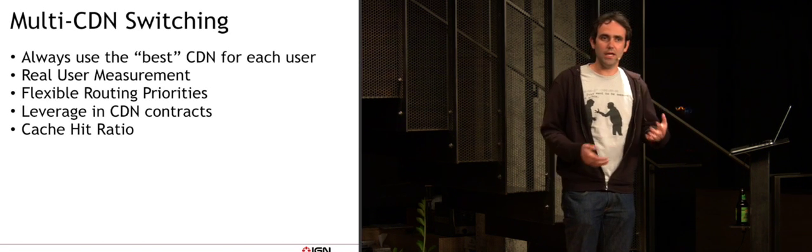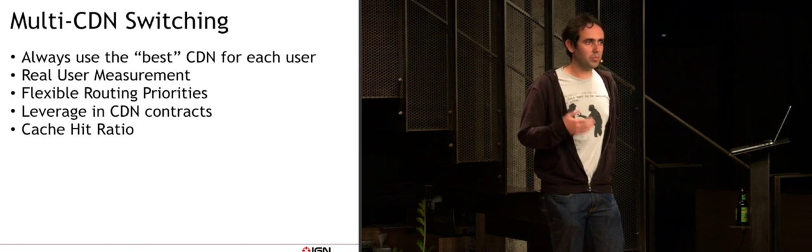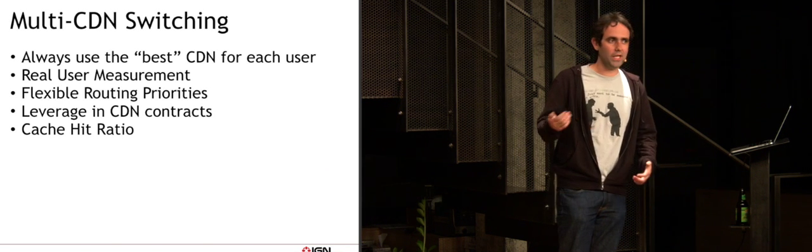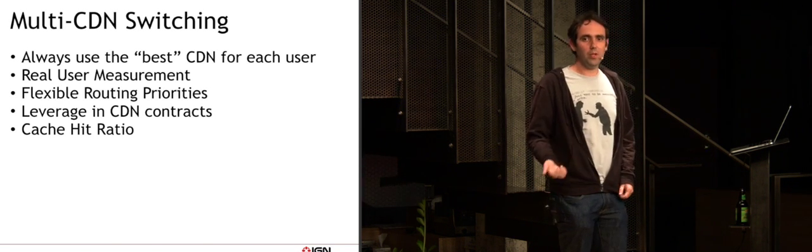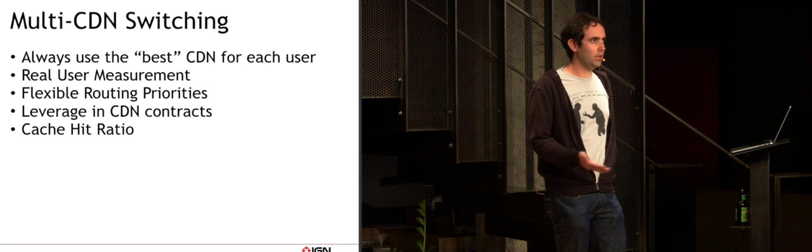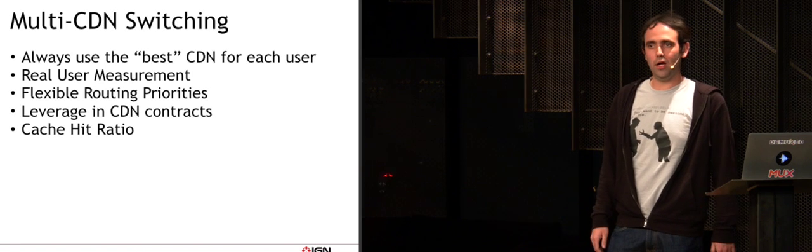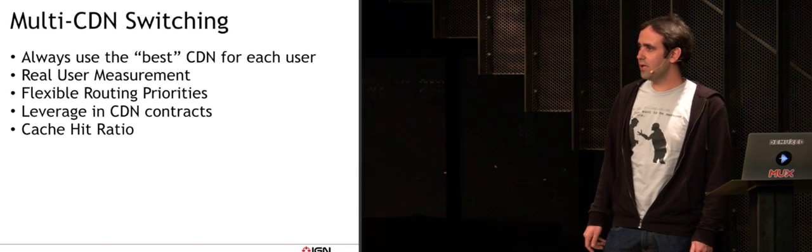Routing on the right areas and priorities that are important to you is also really important. Looking at things like availability, so when you have an outage on a particular CDN in a particular region, that's often one of the first things you'd want to route around.